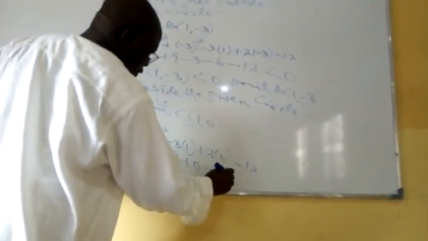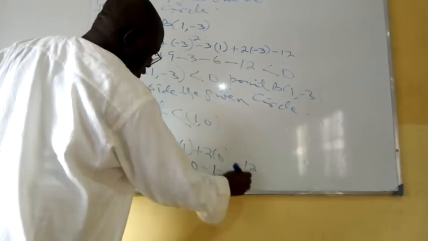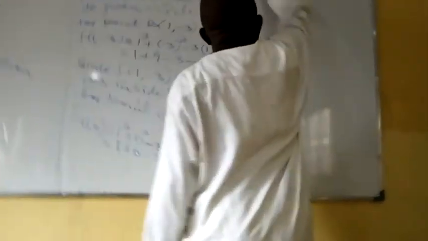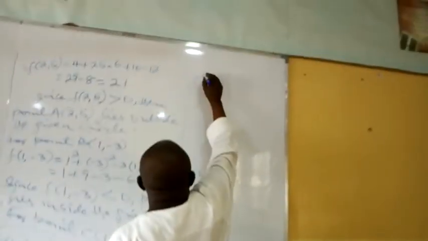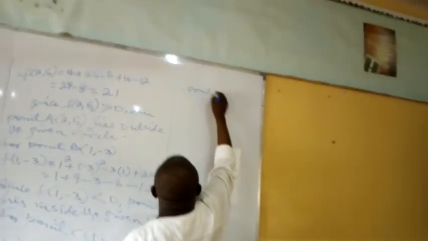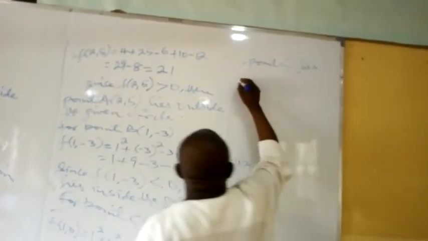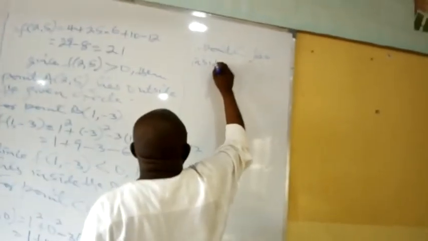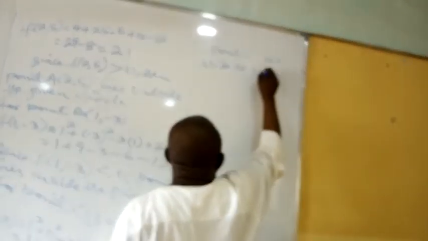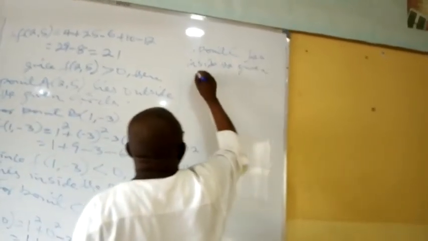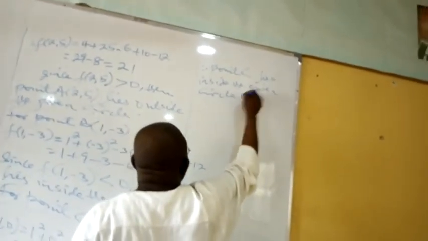Again, don't lose time, this is less than 0. Therefore point C lies inside the given circle. I'm done.